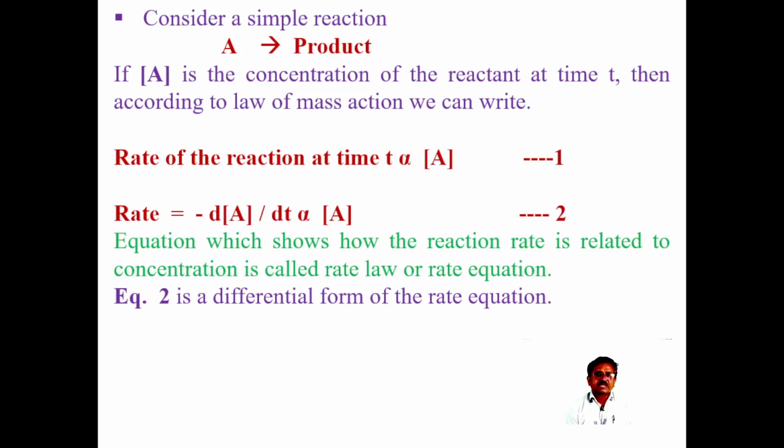Then we can write rate equals minus d[A] upon dt, that is directly proportional to [A], the concentration of A. The equation which shows how the reaction rate is related to the concentration is called the rate law or rate equation. And this equation 2 is the differential form of the rate equation.